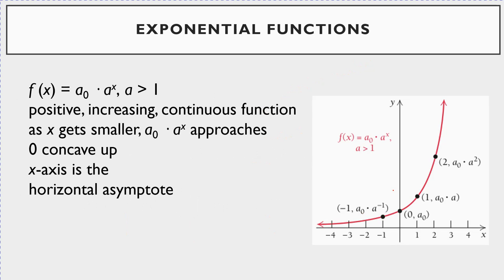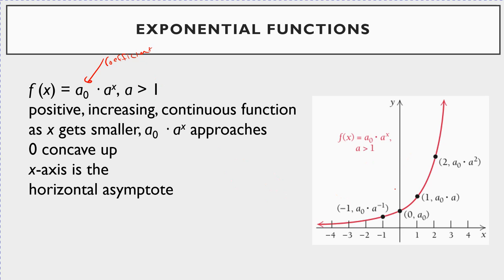So what does the graph of an exponential function look like? If f of x is equal to a sub 0, which is just a coefficient here, times a to the x, and a is greater than 1, this graph is a positive, increasing, continuous function.